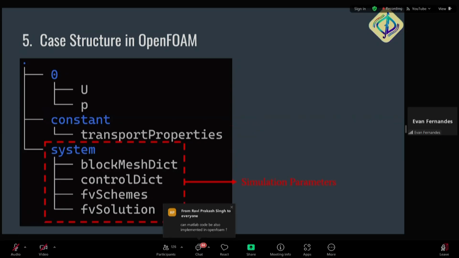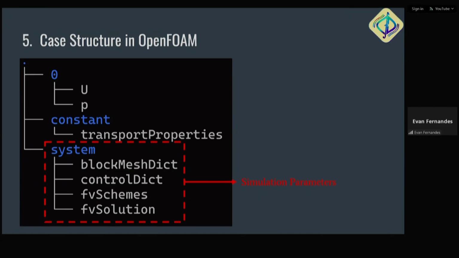And lastly, the most important folder, that is your system folder. Within this, you will have your blockMeshDict. This is where you will specify a set of points to define your domain and to mesh it. After that, you have your controlDict. This controls your simulation: your start time, end time, after how many time steps you want to write data, how many sets of data you want to keep, how much you want to delete, all those parameters.